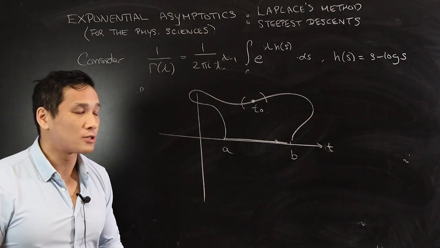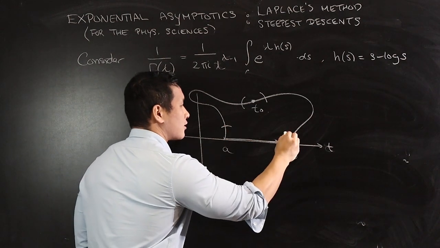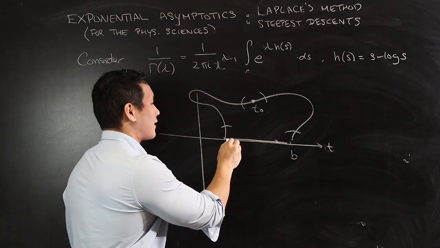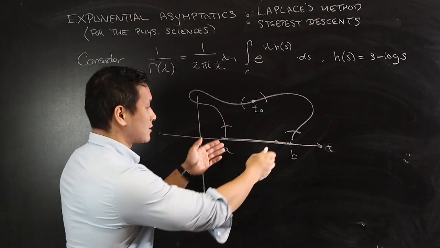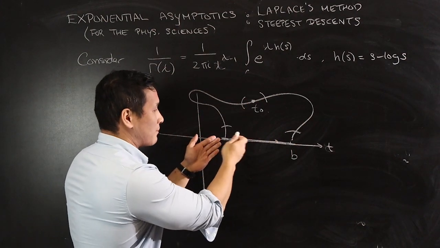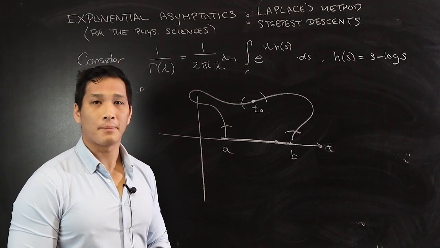But in addition to the neighborhood of T0, just as you do with Laplace's method, you may have to include the contributions from the endpoints as well, because these may actually be of a higher height than T0. And so actually it might be A or B which is producing the dominant contributions. Okay?